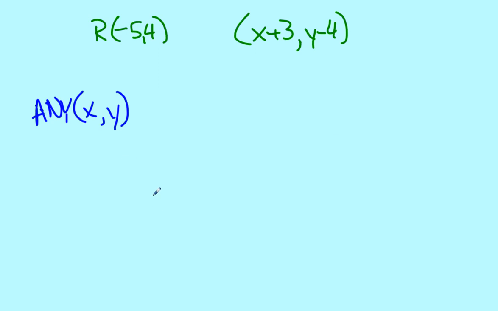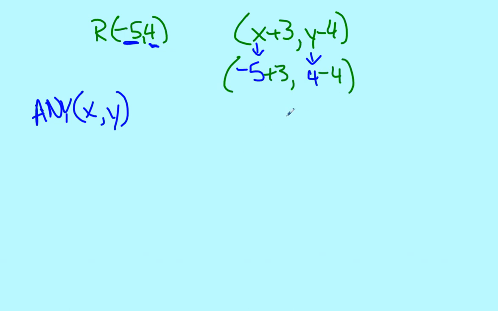And your translation rule will always just be x plus or minus something, comma, y plus or minus something. So in this case, x is going to be -5, y is going to be 4, and everything else stays the same. So this is plus 3, comma, minus 4.